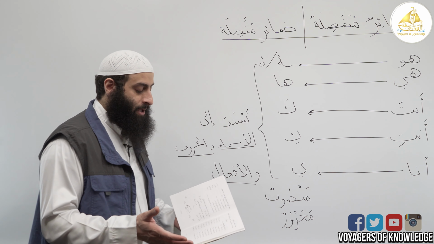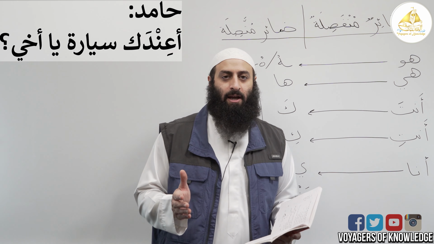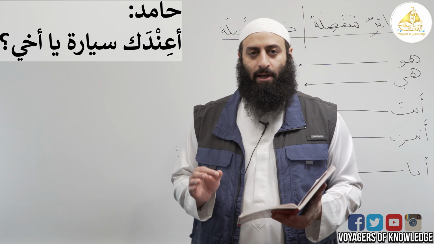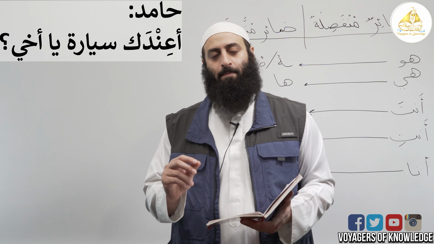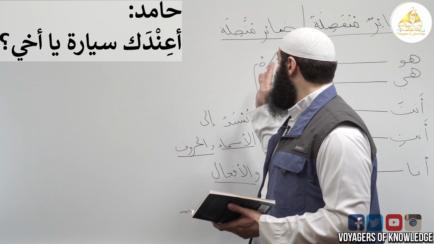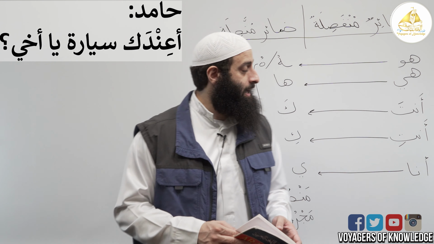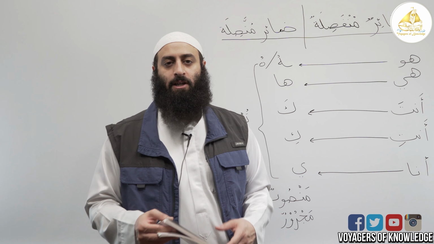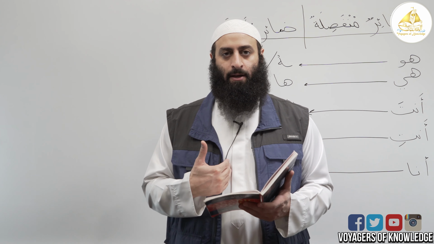At the top, it says, عندك سيارة يا أخي. We took li, adding the lam to one of the ضمائر متصلة, and we said that it means I have. If you say li, ألك, do you have?